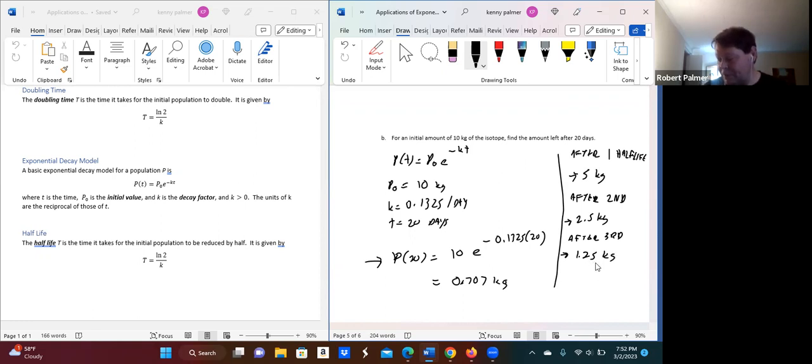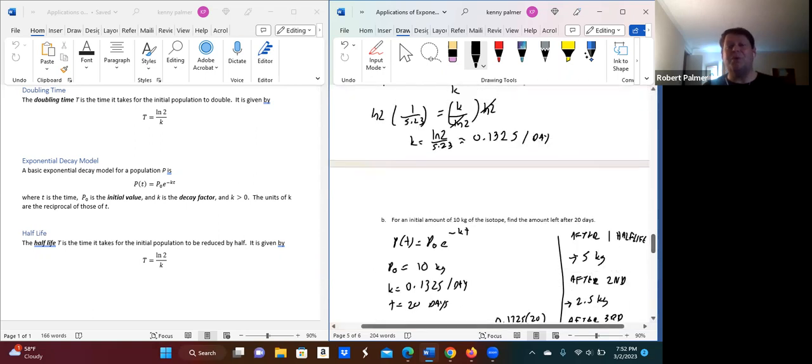Then divide that by 2 again, and after the fourth it should be 0.625 kilograms.